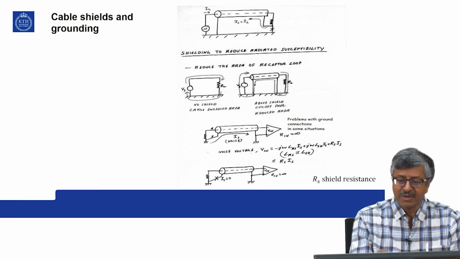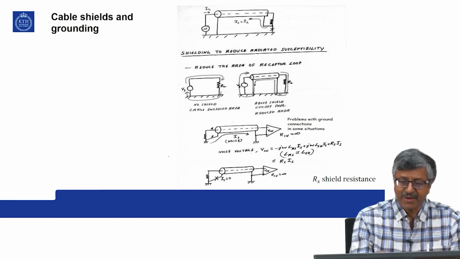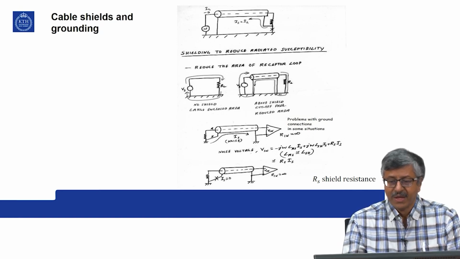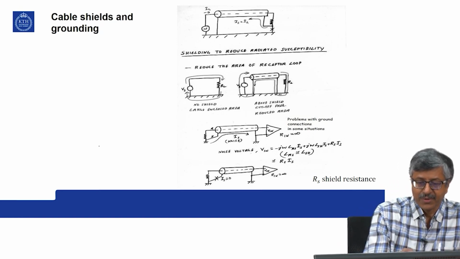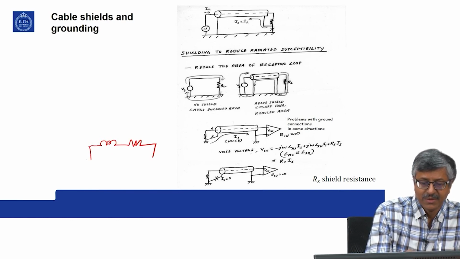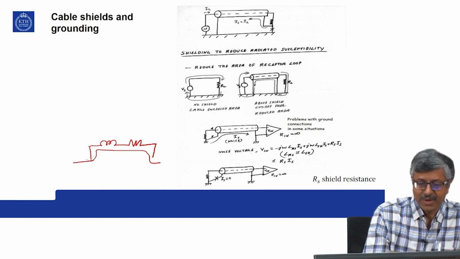Because of some external noise, you can have a circulating current like this around the cable shield, and this will create a drop. You can imagine the shield circuit. You have a shield inductance and shield resistance. So, the current is coming through and going out like this.